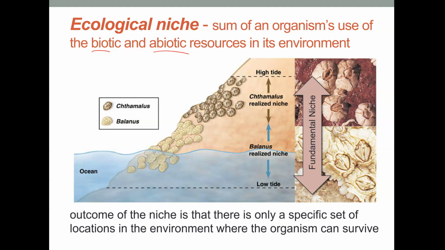Well, barnacles have to eat something, right? If you recall, barnacles are filter feeders, and they basically suck in a bunch of water. When they do that, they filter out phytoplankton, which are alive, and they let the water filter through. That's why they're called filter feeders. So in terms of their biotic resources, barnacles eat phytoplankton. They are predators, they prey upon phytoplankton.